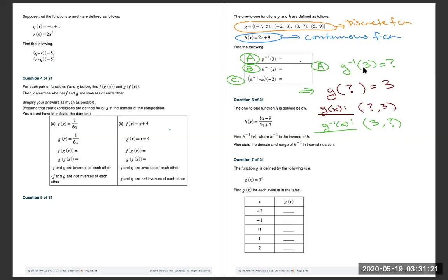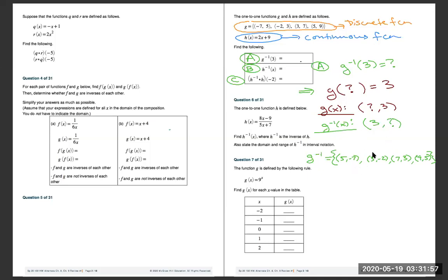So what we're looking for here is, okay, we have G inverse of X, and we can actually just leave the X off. We'll do the same notation. For G inverse, you would switch the X and Y values for all those points. You have 5, -7, 3, -2, 7, 3, and 9, 5 in that set.